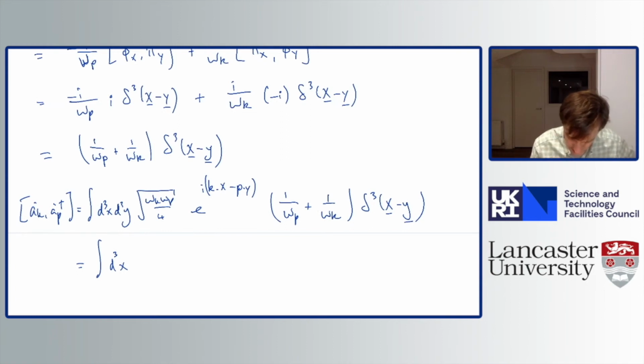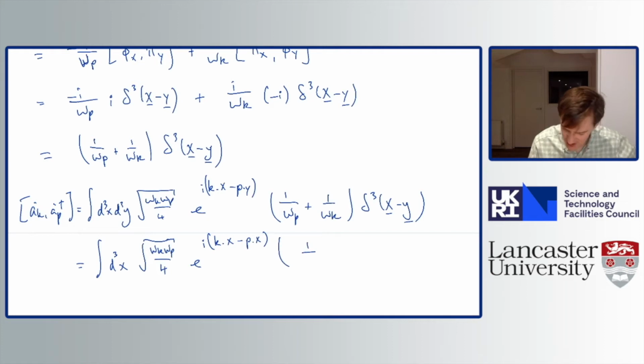So we're going to have e to the I, let's write it as k dot x minus p dot x. Actually, we have to go back and double check the time component, because our delta function here is operating on the spatial bits, and we've got a 4D piece in here.